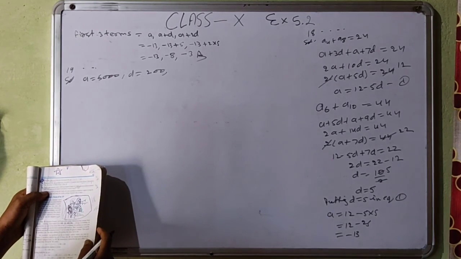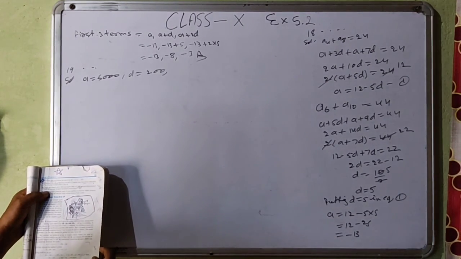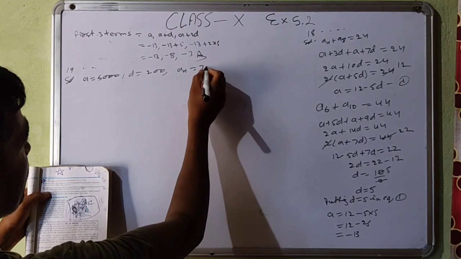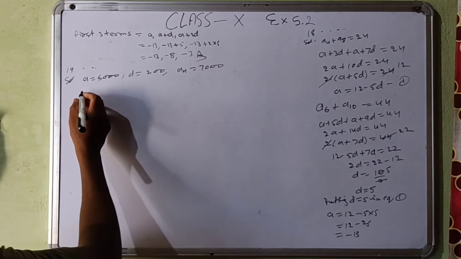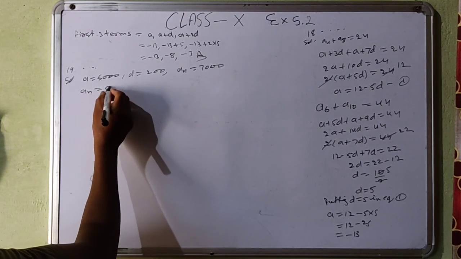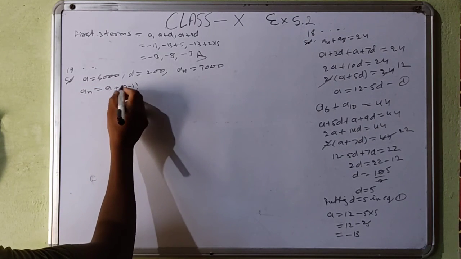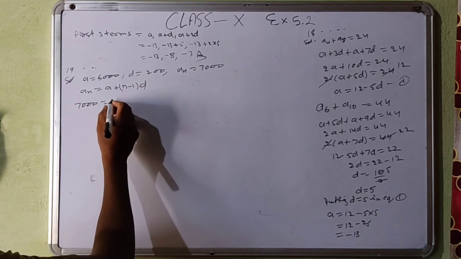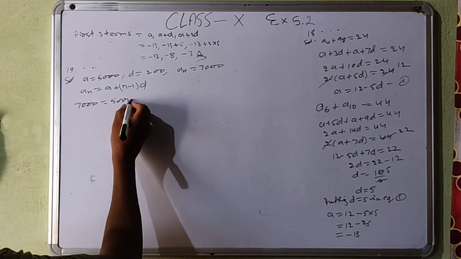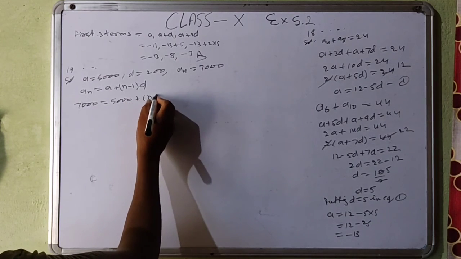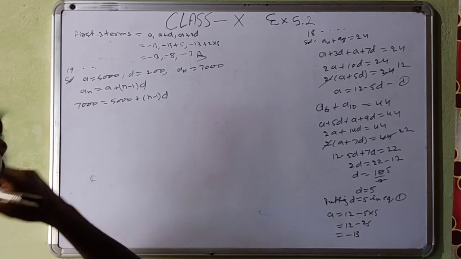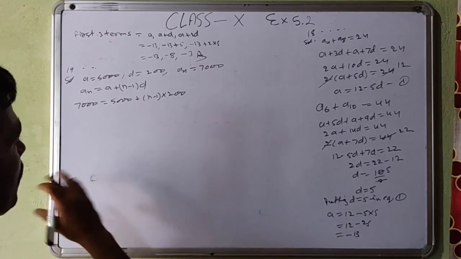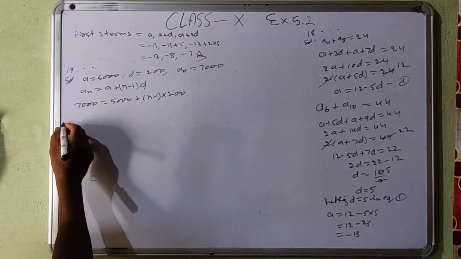And then in which year did his income reach 7,000? Means An is equal to 7,000. So An is equal to A plus n minus 1 D. So 7,000 is equal to 5,000 plus n minus 1 D. Oh sorry, D value is 200. After the calculation, your answer will come.